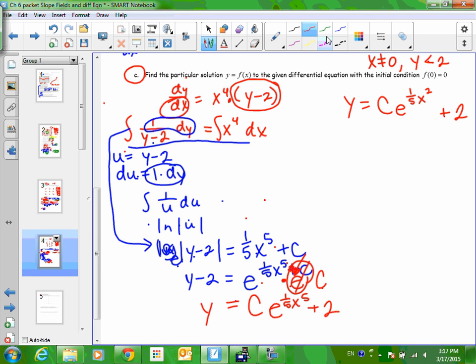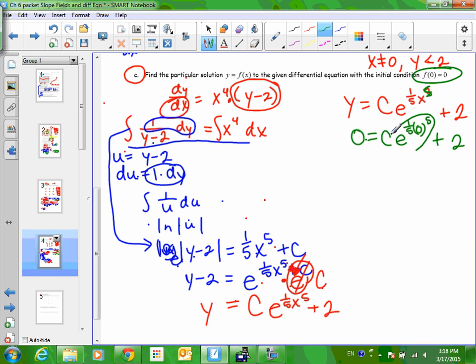All right, now I am ready to use my initial condition, (0, 0). We love 0. It makes things easier. So plug 0 in for y, plug 0 in for x. Why did I put a 2 there? That should be a 5. Sorry. Okay.